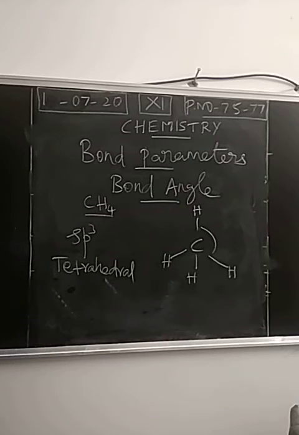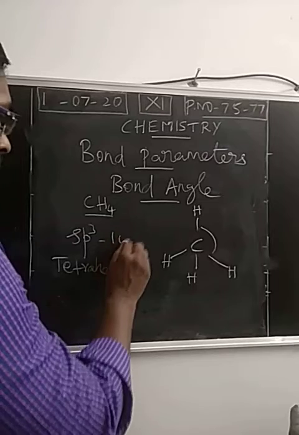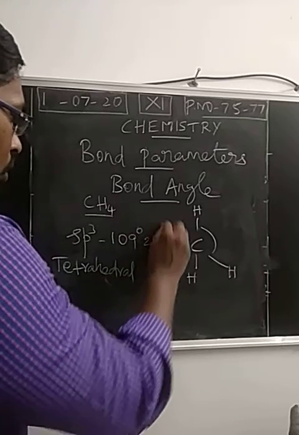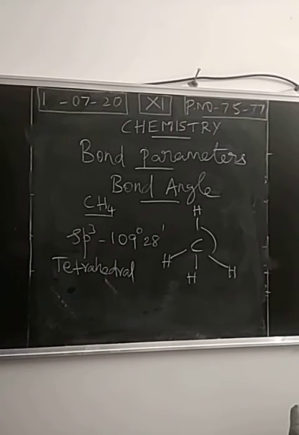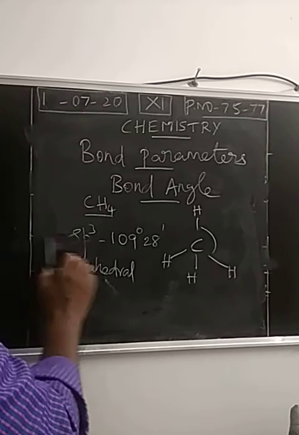So in methane molecule, sp3 hybridization, tetrahedral structure, bond angle is 109 degree 28 minutes. So this value is expected for all the molecules containing sp3 hybridization, right? If you find the hybridization, you can automatically say what will be the bond angle between the covalent bonds as well as what will be the structure.